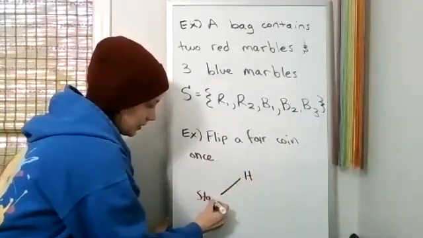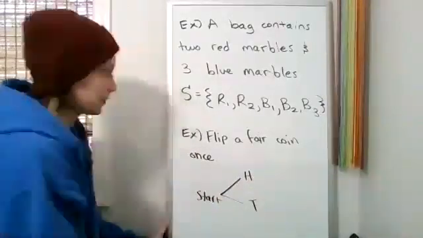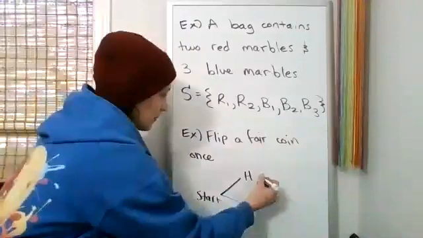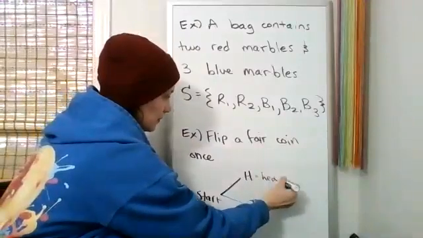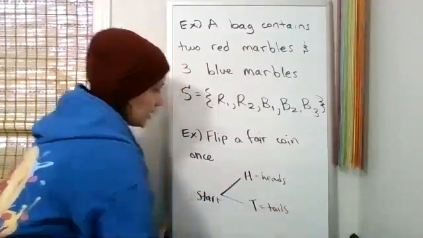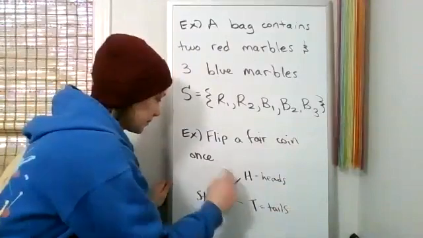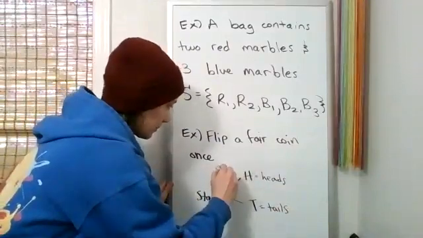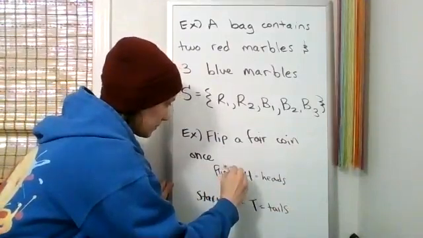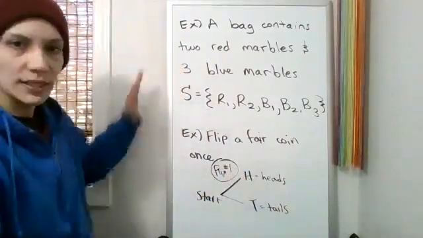Start. You could get tails. Okay, so that's just one flip. And we'll put the sample space.